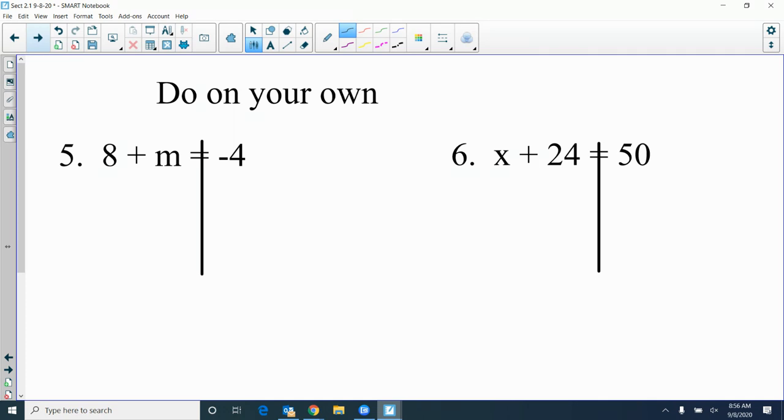Change this to the equal sign. Let's say 12. I need to do something. I add 4 to both sides. Now you've got x equals 50.